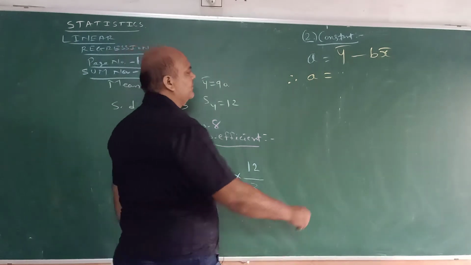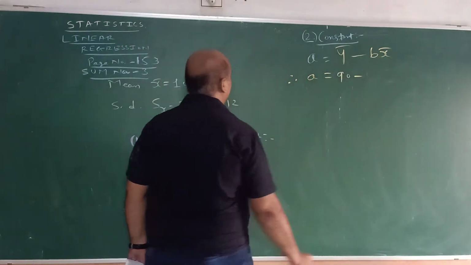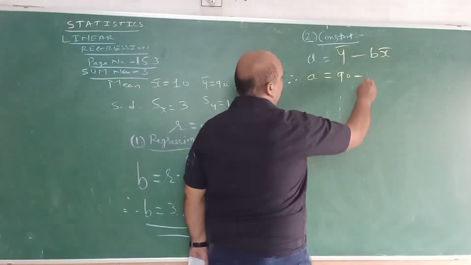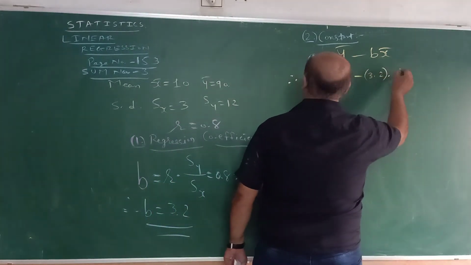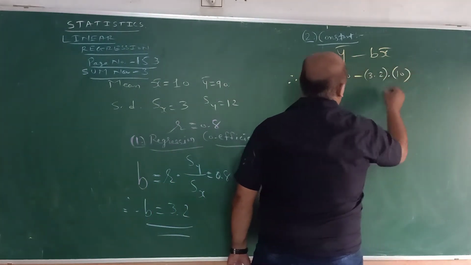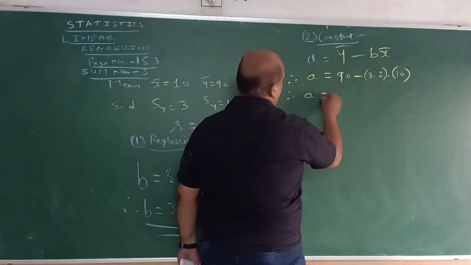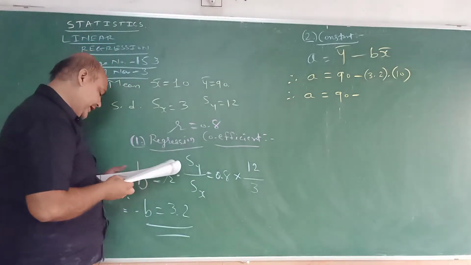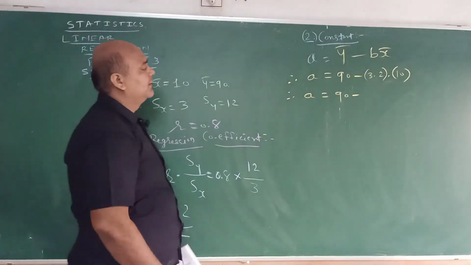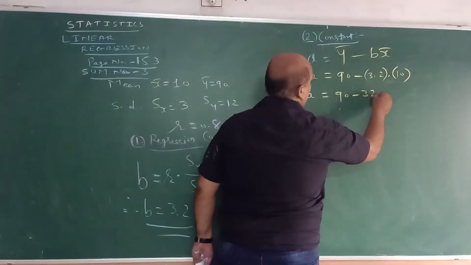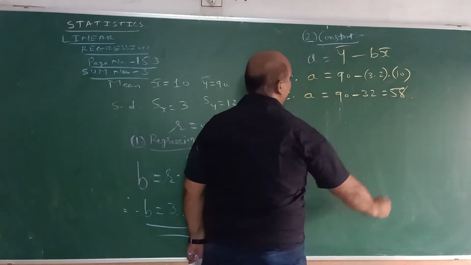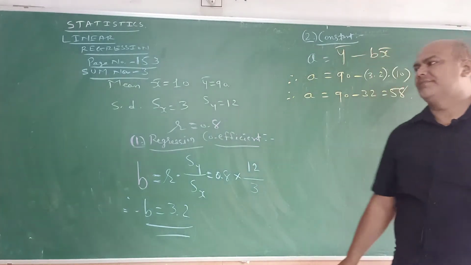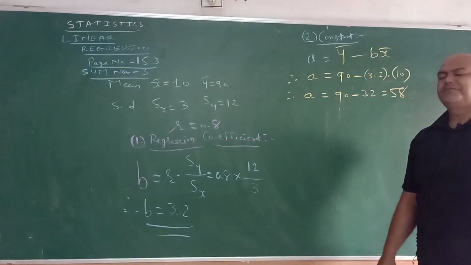Y bar is 90 minus b is 3.2 into x bar is 10. So a is equal to 90 minus 3.2 into 10, it comes 32. So the final answer is 58. 90 minus 32, 58. The second step is ready.